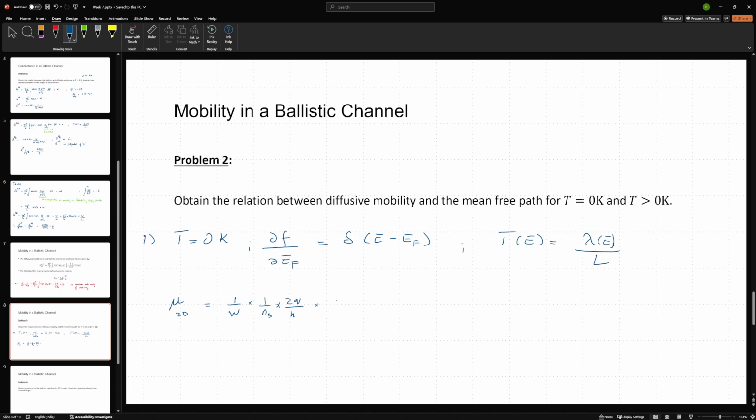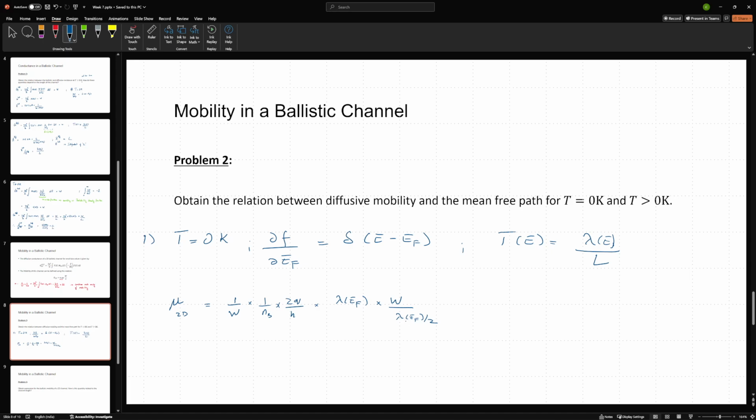I can substitute that once again by the de Broglie wavelength: lambda of EF into W, divided by 2. So the lambda and lambda cancel out.